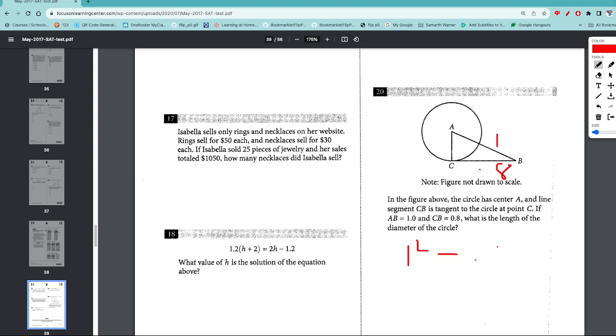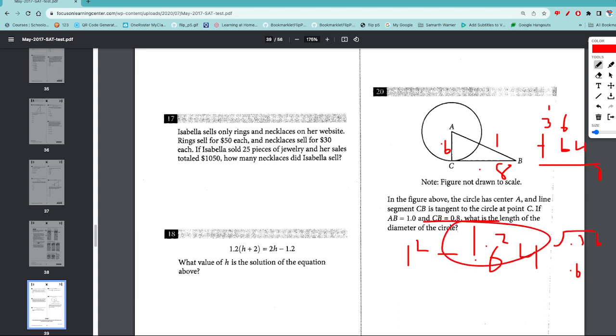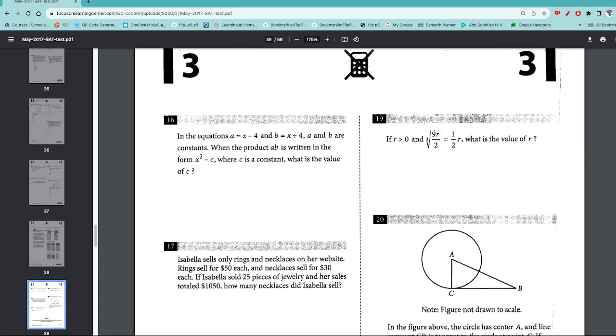What's 0.8 squared? 0.64. 36 plus 64 is 100, right? So that's 0.36. What's the square root of 0.36? 0.6, right? So this is 0.6. The diameter would then be 1.2 of the circle.